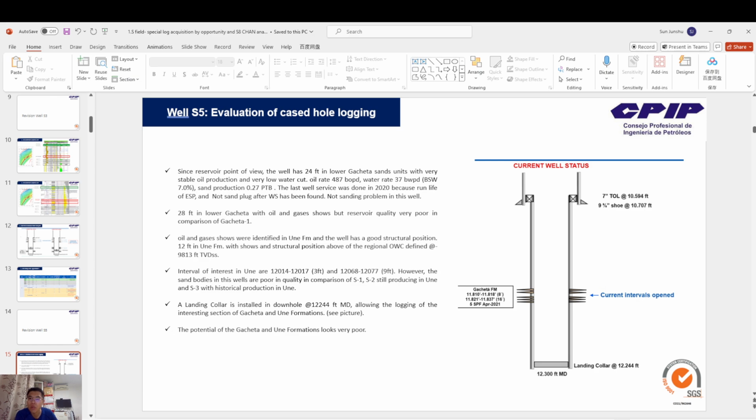28 feet in lower Gajita with oil and gas shows, but reservoir quality very poor in comparison to Gajita 1.